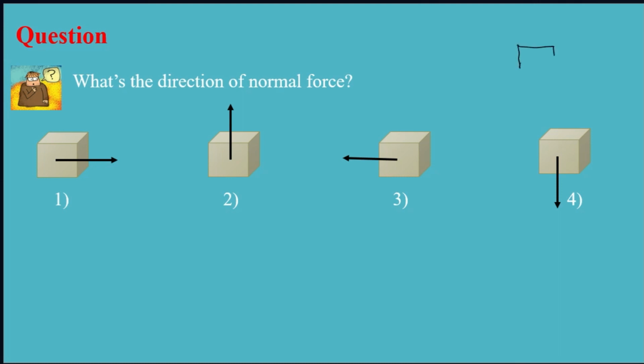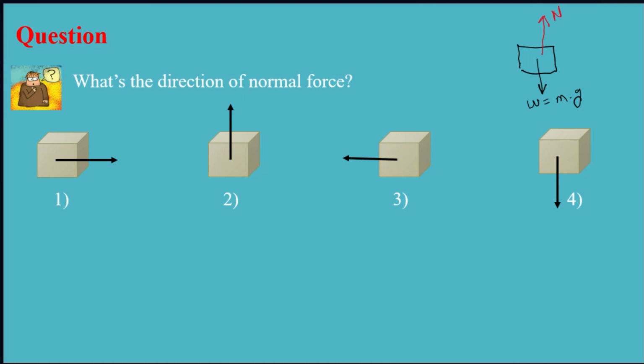So if I have an object here, the weight is going to be downward, right? And that's going to be m times g. And the normal force always has the direction opposite to the weight, so it's going to be upward. And if the object is at rest or moving with a constant velocity, then the normal force is going to be equal to the weight of the object.